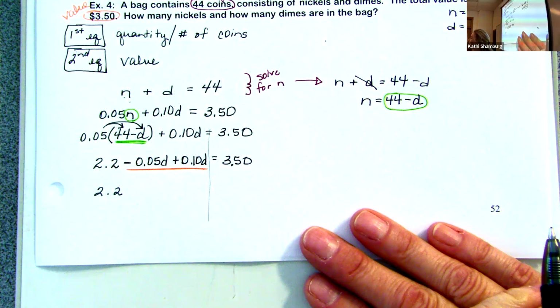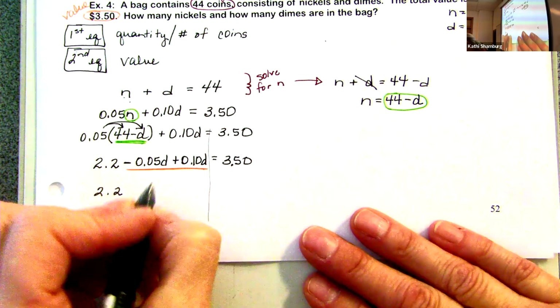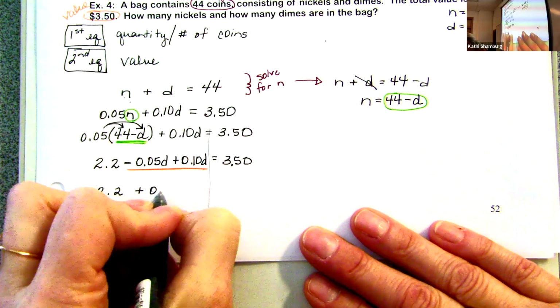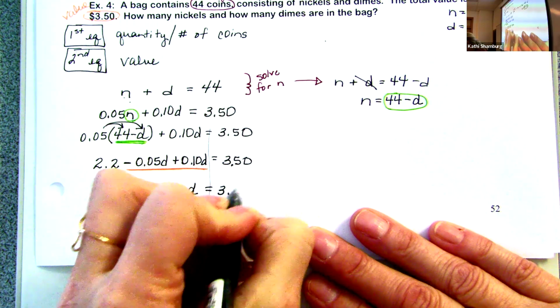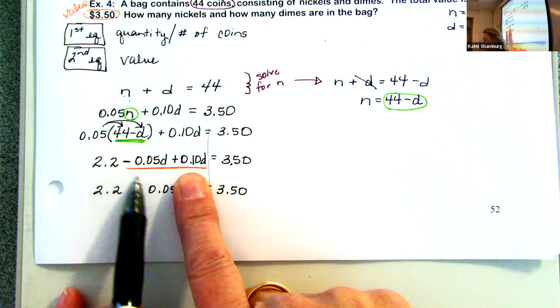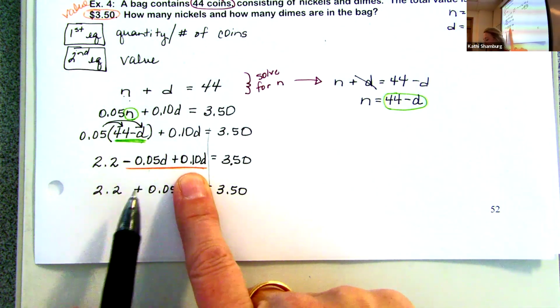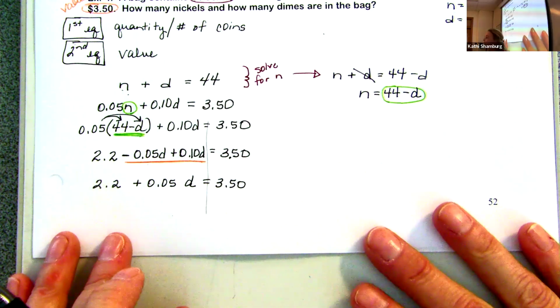What are you left with? 0.05? Somebody say that? And it's positive. So I'm left with positive 0.05 D equals $3.50. And that makes sense because this is positive 10 cents, negative 5 cents, 10 cents minus 5 cents is positive 5 cents. Okay. All right.